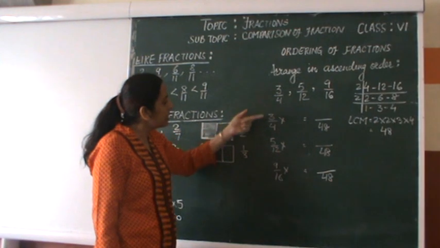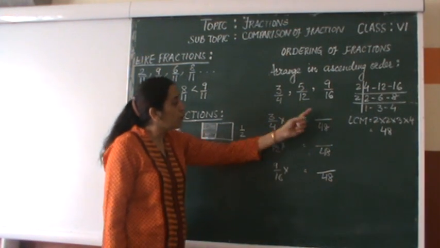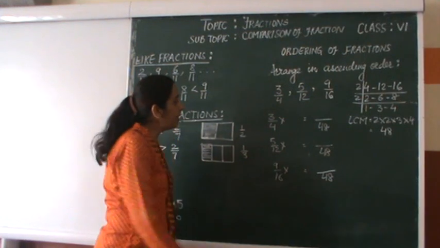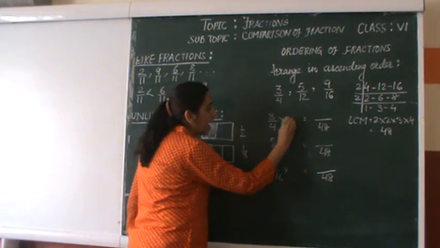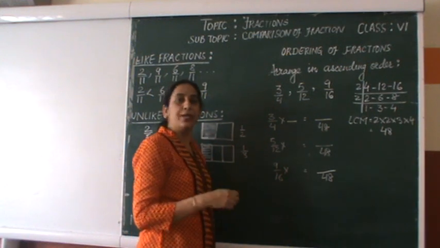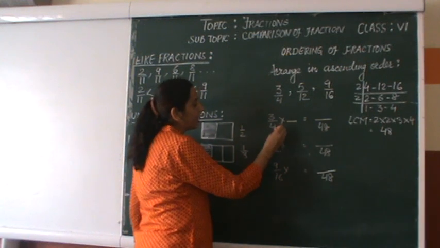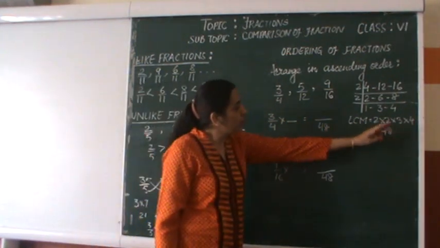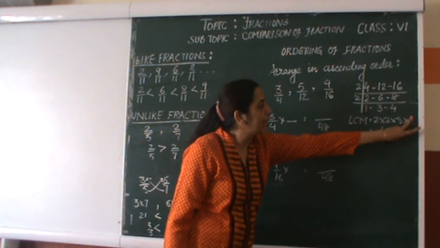To convert these fractions into equivalent fractions with the denominator 48. I will multiply 4 by a number so that 48 comes. Suppose I do not know by which number I should multiply 4 so that 48 comes. In the LCM you see this is 4, you hide this 4.